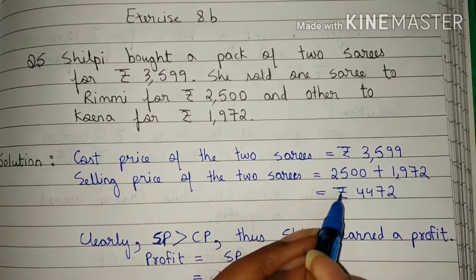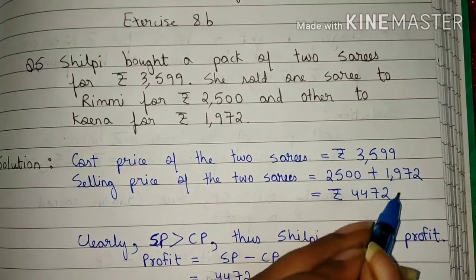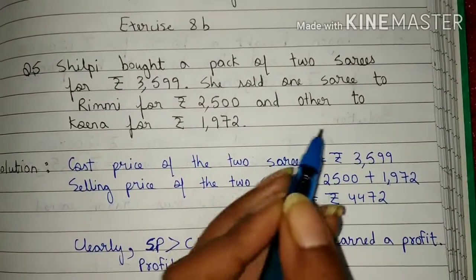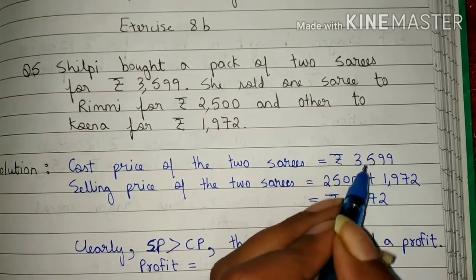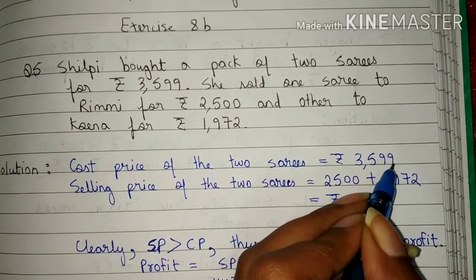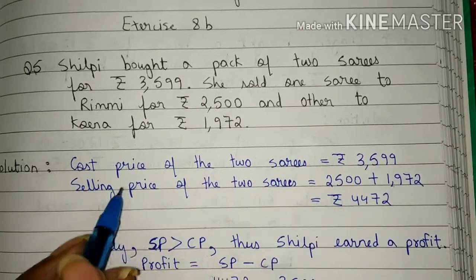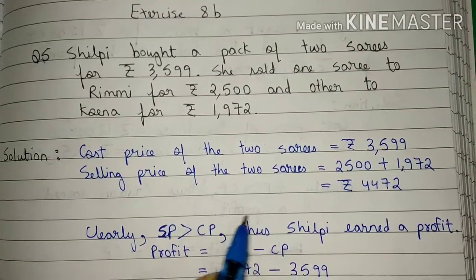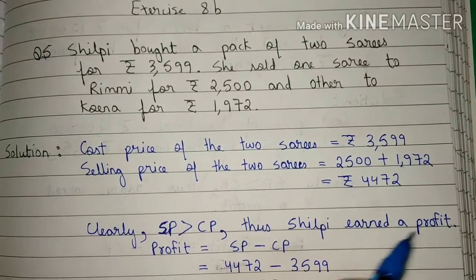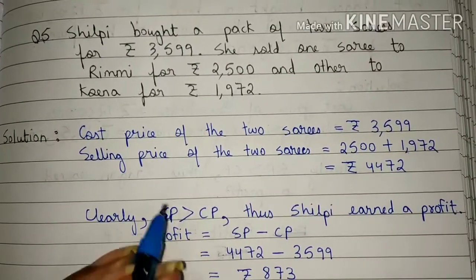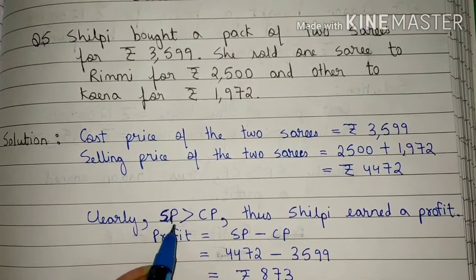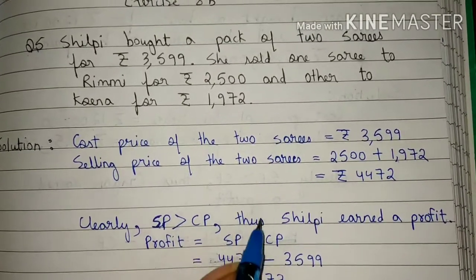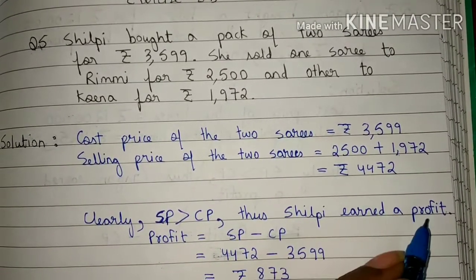In this, rupees 4472 is greater than rupees 3599. It means selling price is greater than cost price. Thus, Shilpi earned a profit.